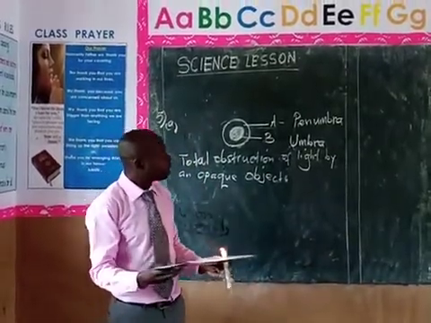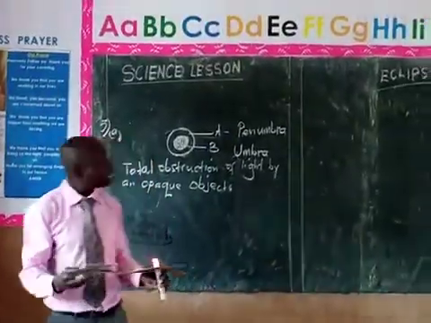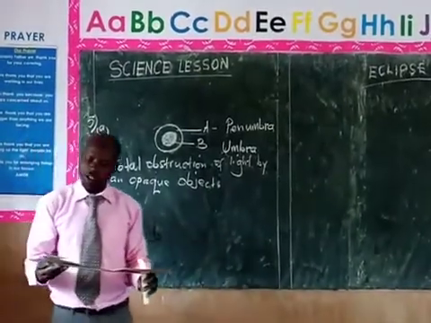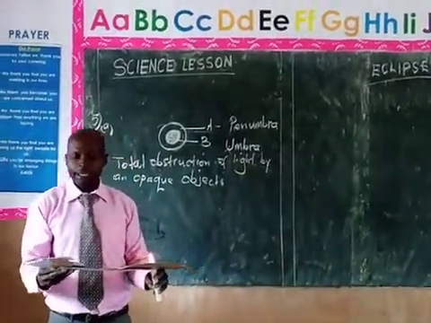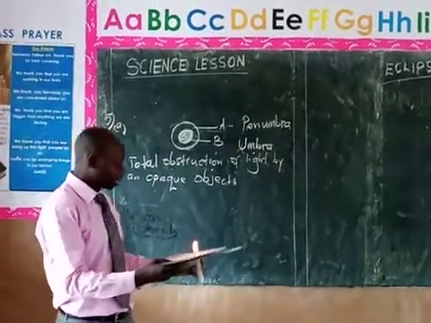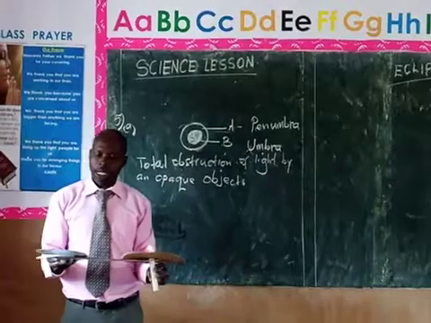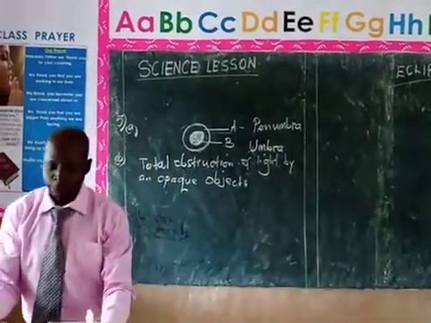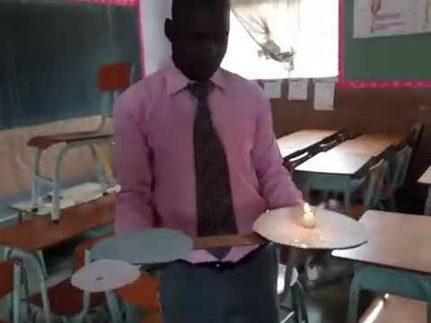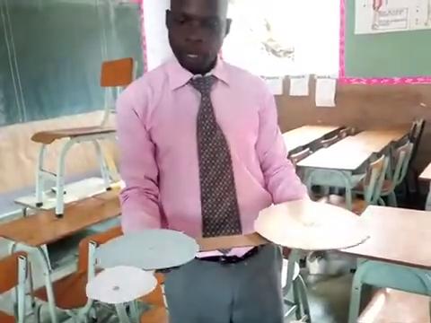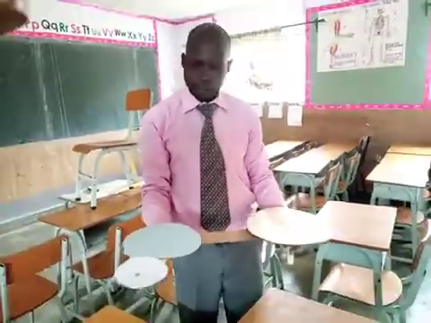So eclipse is a shadow formed when light from the sun is blocked, in this case either by the moon or earth. Now look at my equipment that I have here. Look at this.